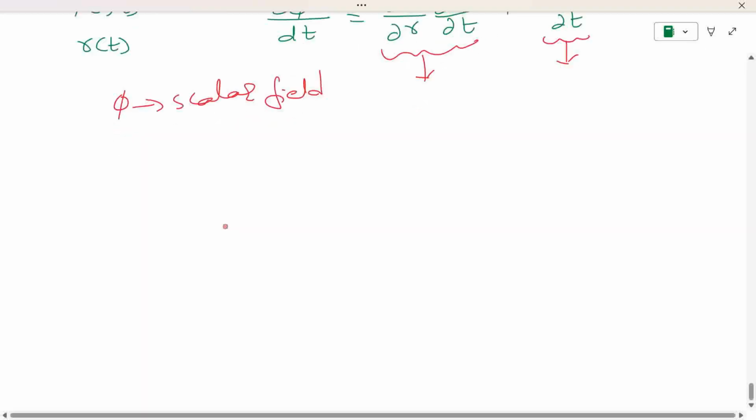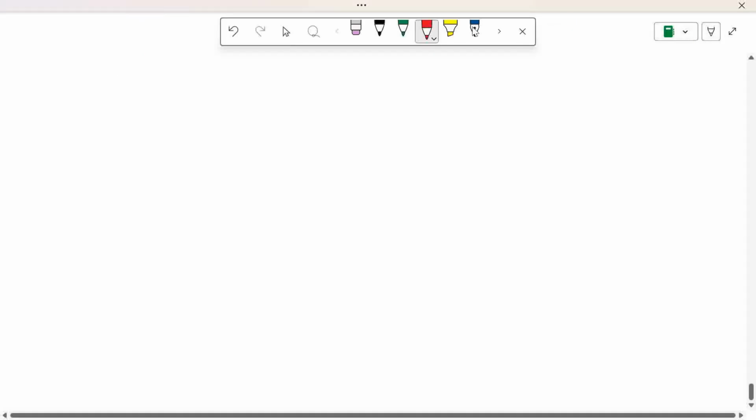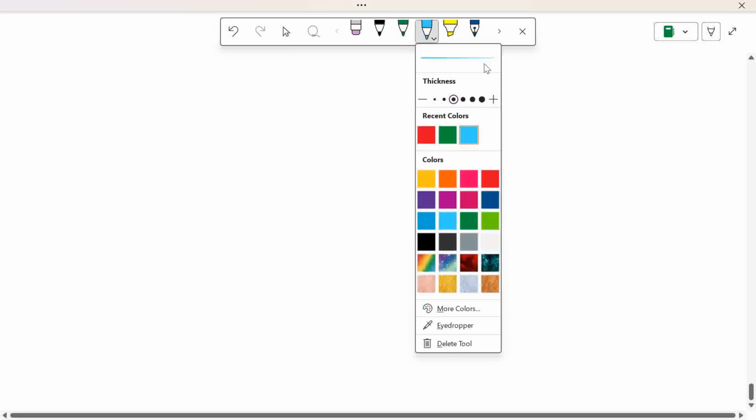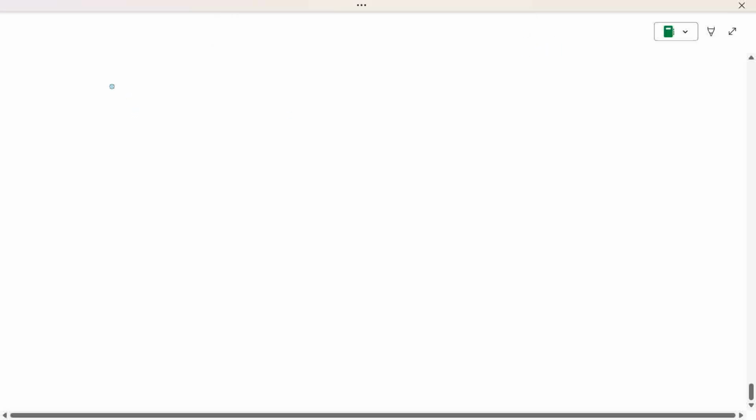Now, if we have taken the Cartesian coordinates, so phi is a function of x, y, z, comma t. Okay, and x, y, z are also functions of time.